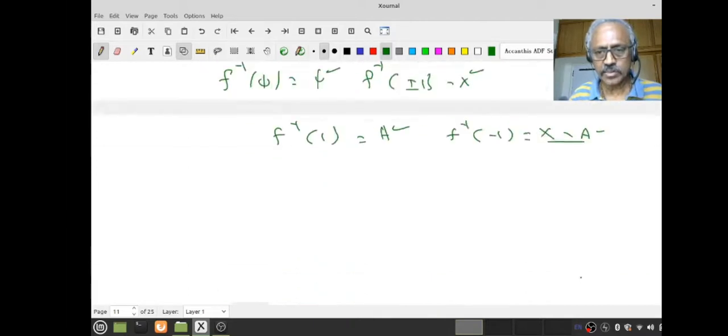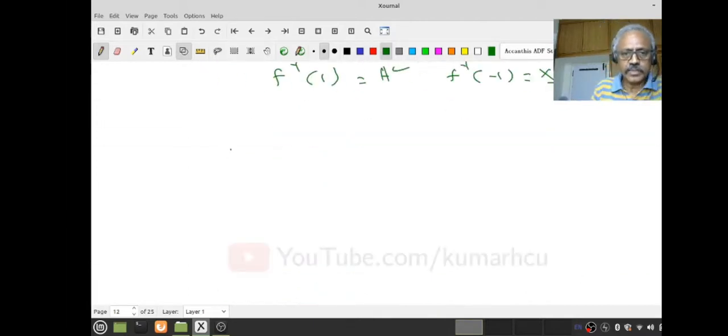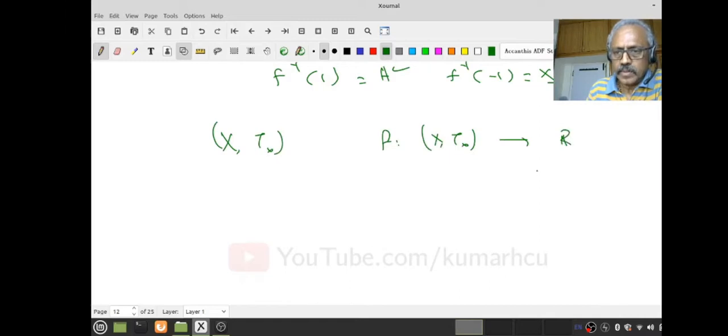So what do you think I have proved? I have proved that if (X, tau_X) has the following property, namely any continuous function from (X, tau_X) to R with f(X) contained in plus or minus 1 is a constant, that should imply X is connected.